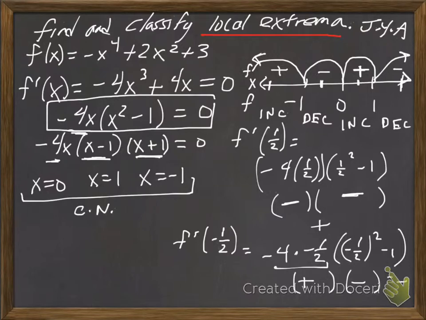Well, f prime being positive and then becoming negative and turning there at negative 1, well, if you go up and then you go down, you've achieved a maximum. So this change here is a maximum. Then you're continuing to go down, but at 0 things turn and begin to go up, which is the definition of a minimum.